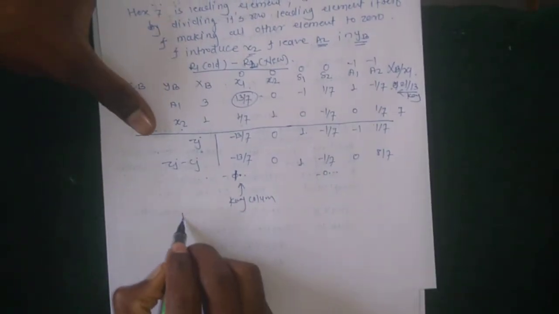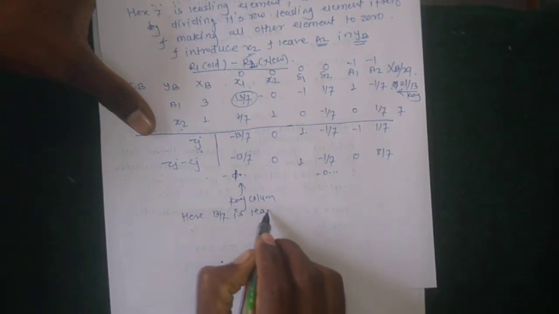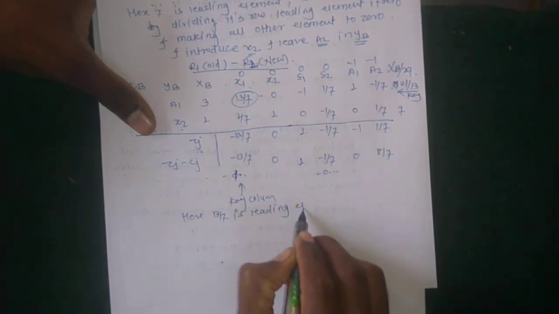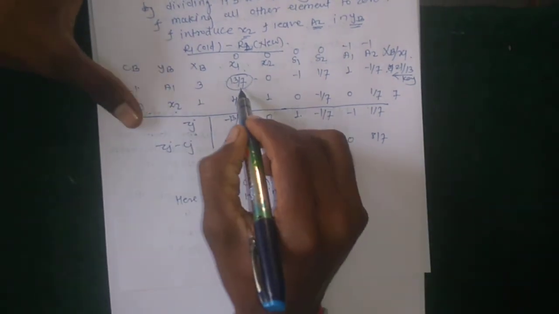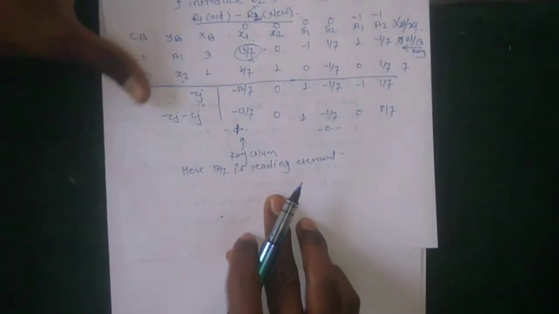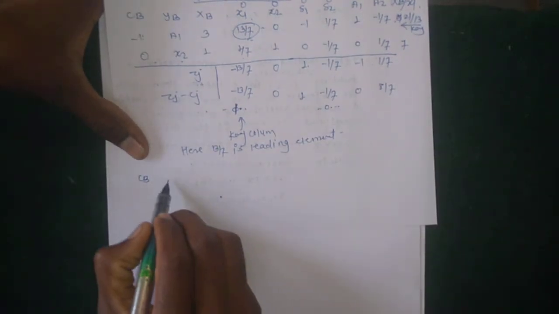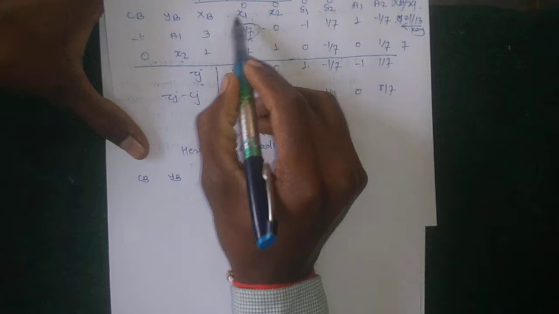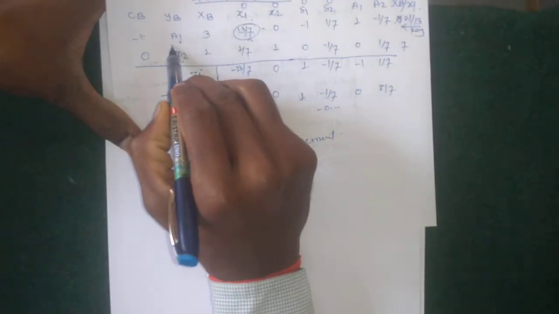13 by 7 is the leading element, and continue in this way: convert it into unity by multiplying by 7 by 13. I am directly writing the simplex table here. CB, YB: introducing x1 in the basic variables and leaving a1 in YB.